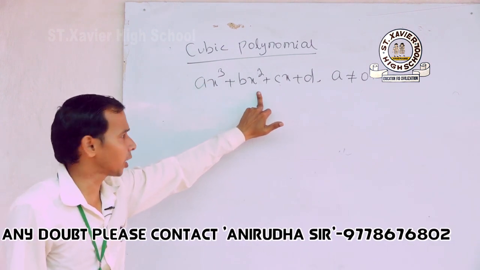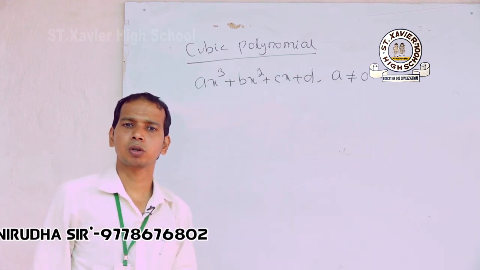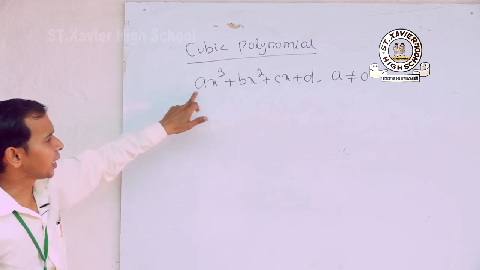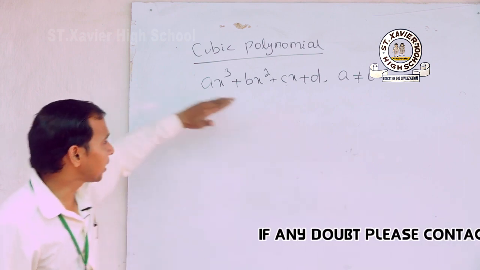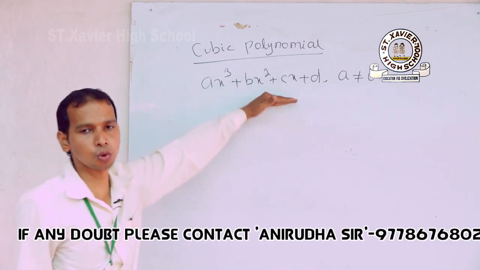Now a not equal to 0, while b, c, d may be 0. If a becomes 0, the power 3 reduces to 2.